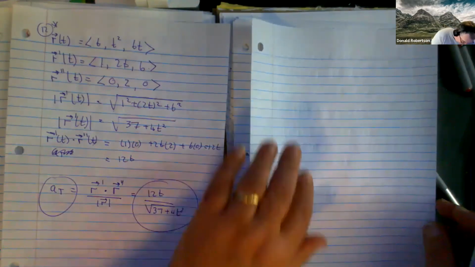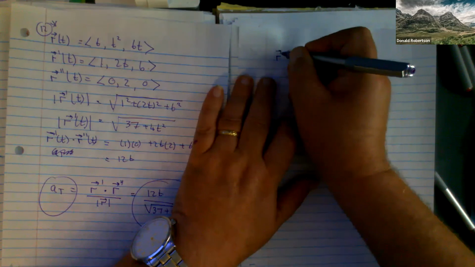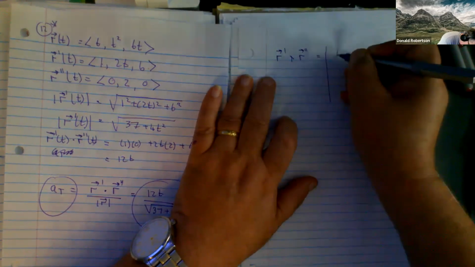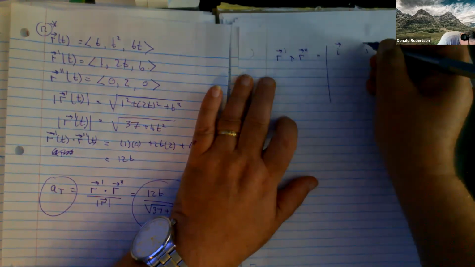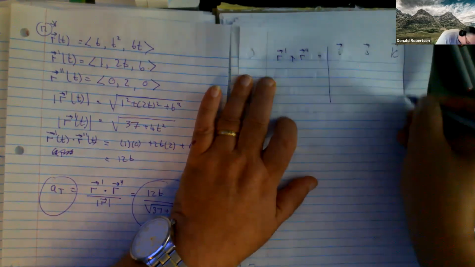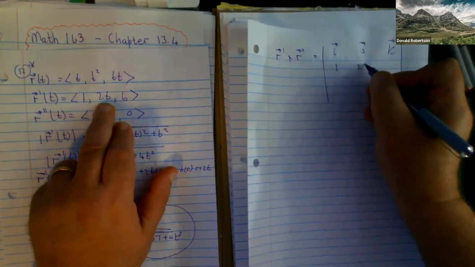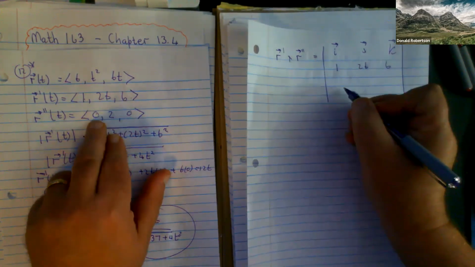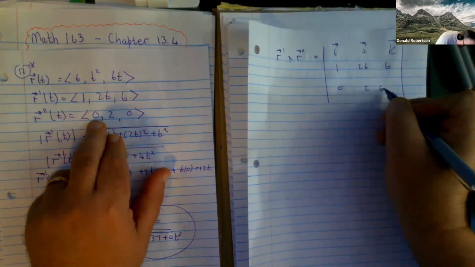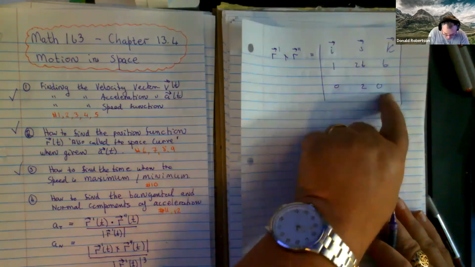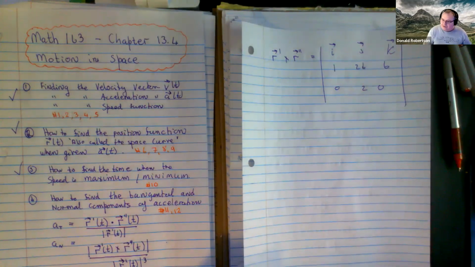That's the final answer. Now the other one, I need the cross product of the first and second derivatives. So I have an i, a j, and a k. The first derivative is 1, 2t, and 6. And the next one is 0, 2, and 0. If you're doing cross products, have you noticed that if there's a lot of zeros around, you tend to get a lot of zeros in your answers?